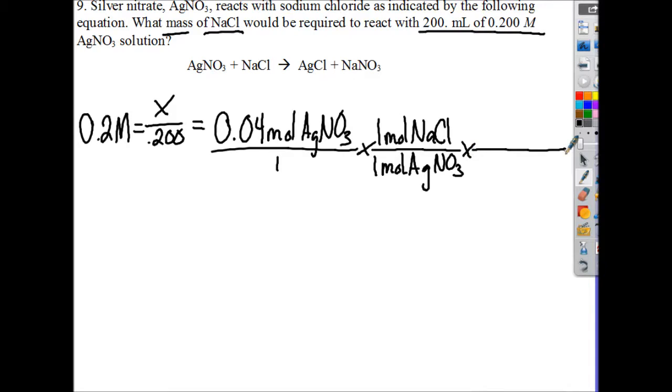Now I just have to find the mass of sodium chloride. Which I get 58.443 grams NaCl for every 1 mole that we produce.